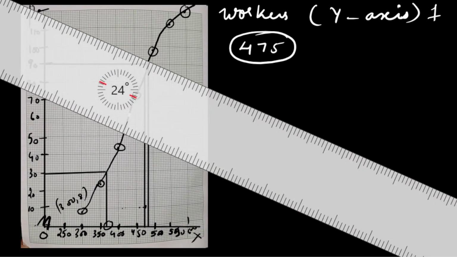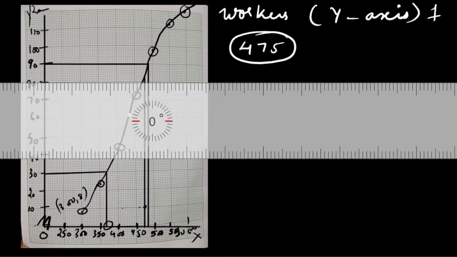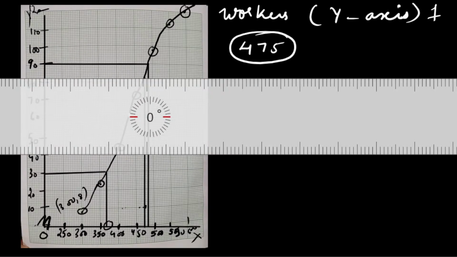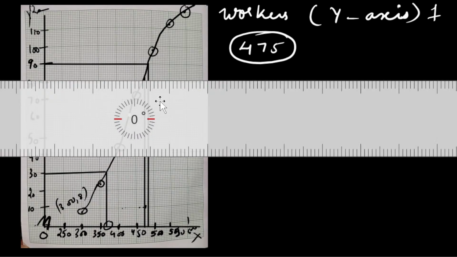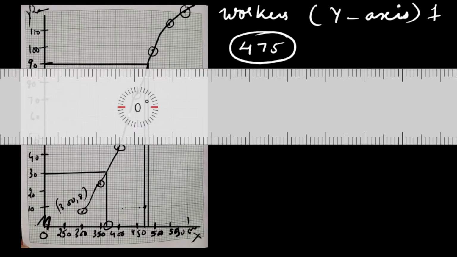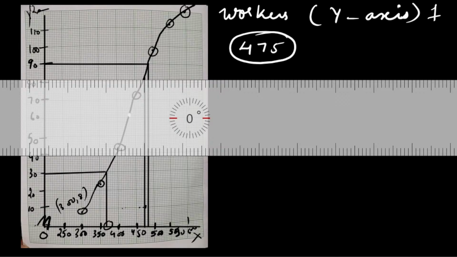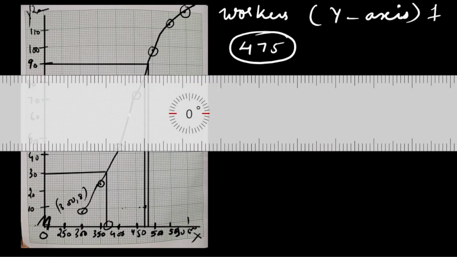Now where this line is meeting the curve, at that point we will draw a horizontal line which should meet the y-axis at this point. So we are doing the thing opposite to the previous one.